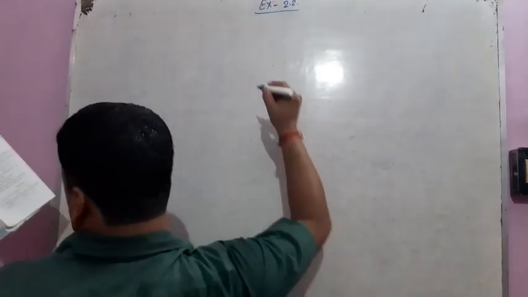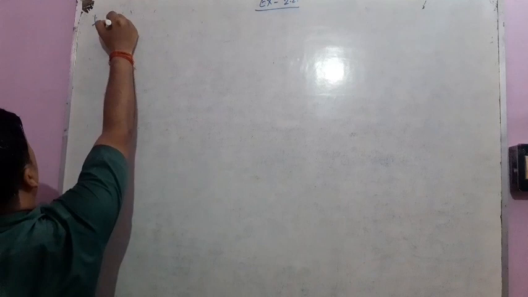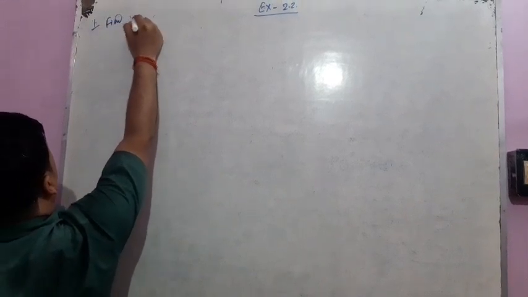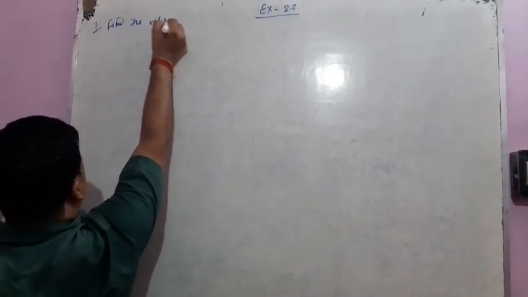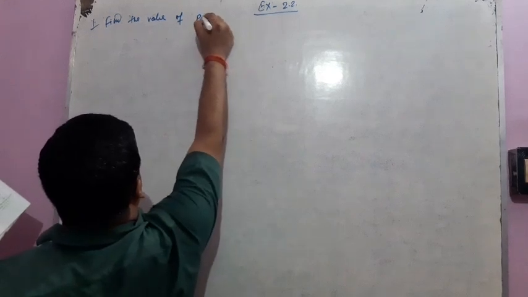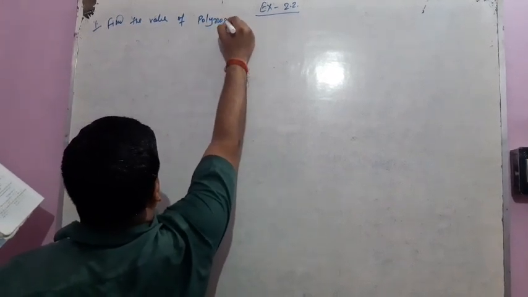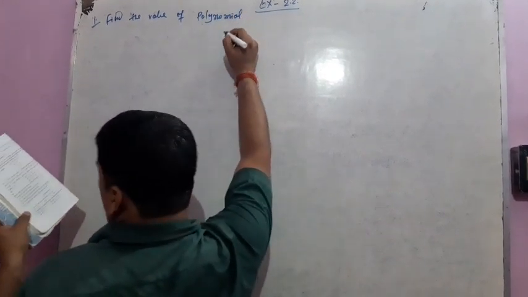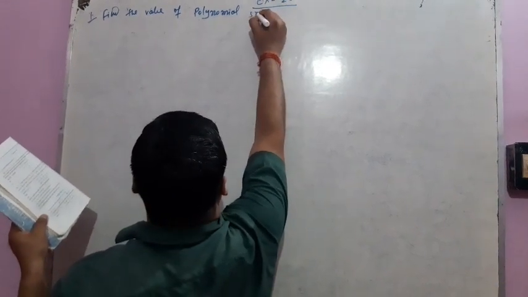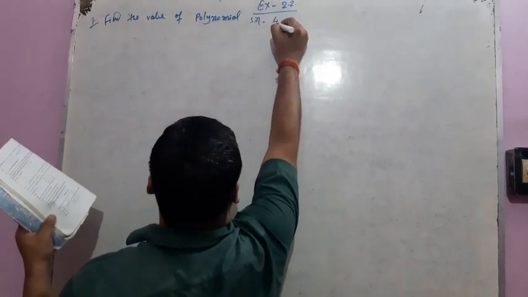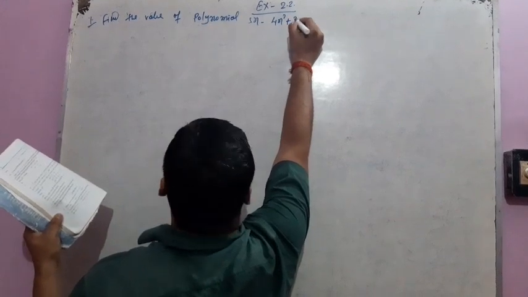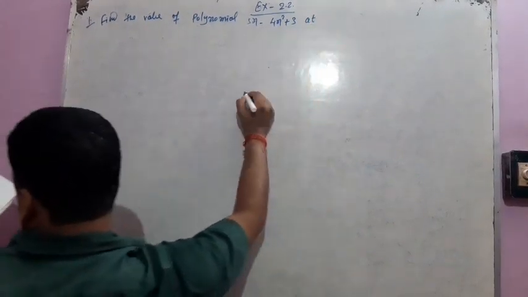Now, look here, the first question. Find the value of the polynomial 5x minus 4x square plus 3 at different values.